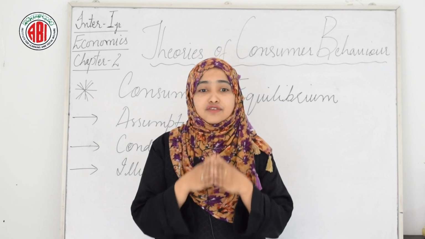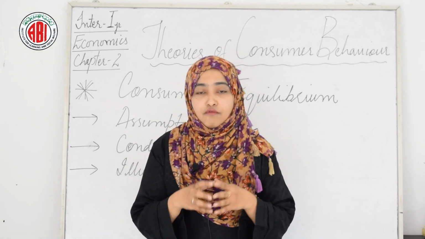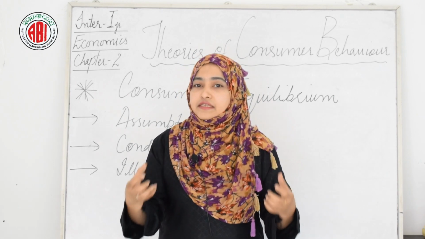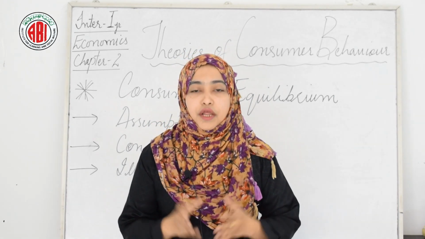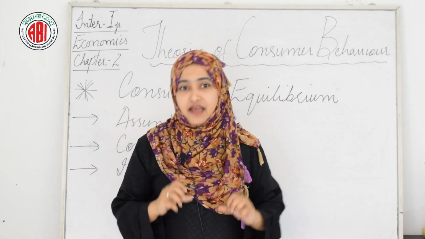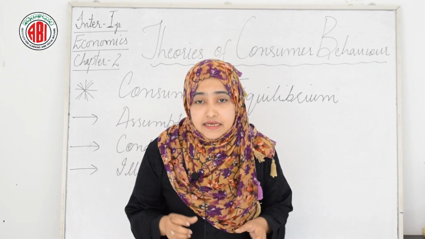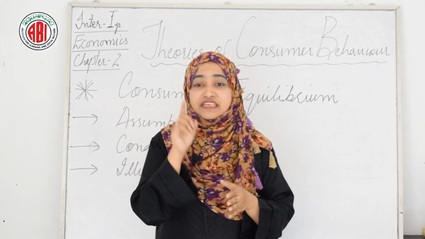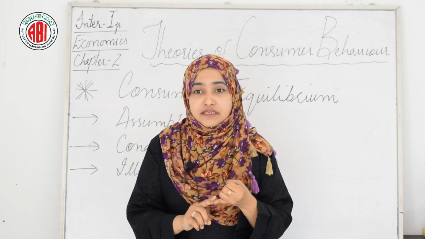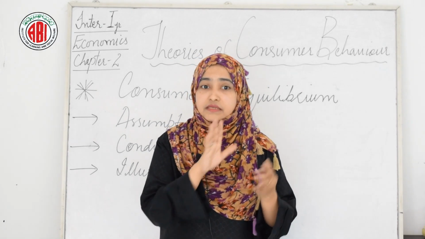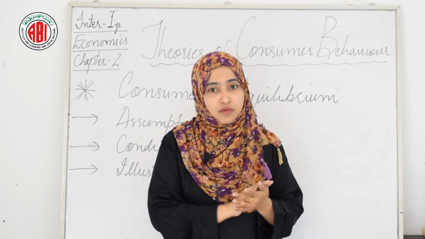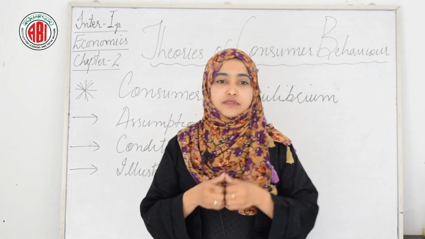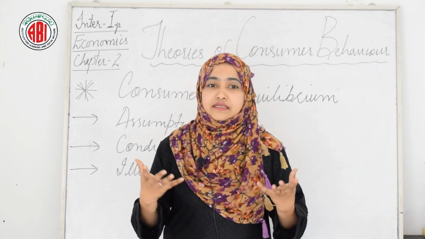If the consumer chooses the combination of good X and good Y represented by S1, he will be on a lower indifference curve and will get less satisfaction than at E on IC1. The indifference curve IC2 is beyond the capacity of the consumer with his given income, so it is outside of the price line PL.